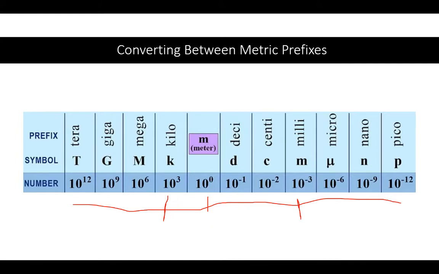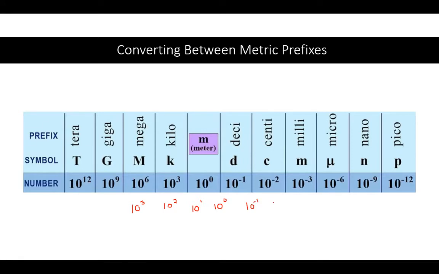And I'm going to make this a bit clearer. So we would have 10 to the third, that's our kilometer, 10 to the second, 10 to the first, 10 to the 0, which is the same thing as 1, 10 to the negative 1.